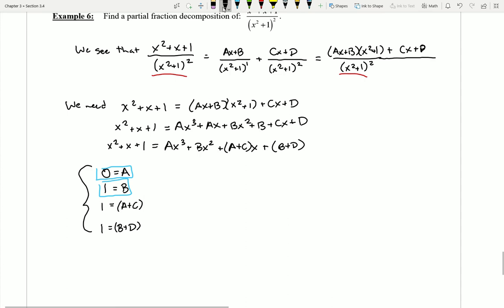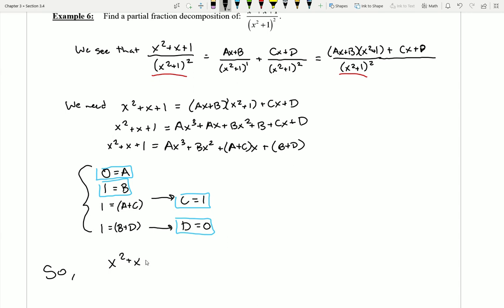In other worksheet questions and in other assessments, these systems may not always be this easy. I just don't want to get hung up on solving each of these systems at the moment. But notice that from here it's pretty easy to deduce that if a is 0, c has to be equal to 1, and if b is 1, d has to be equal to 0.